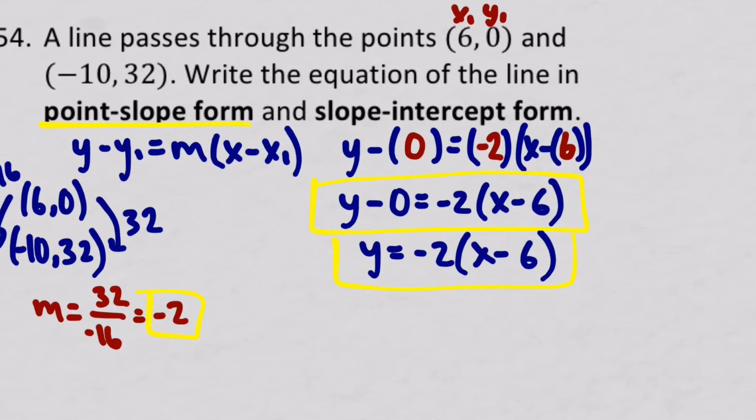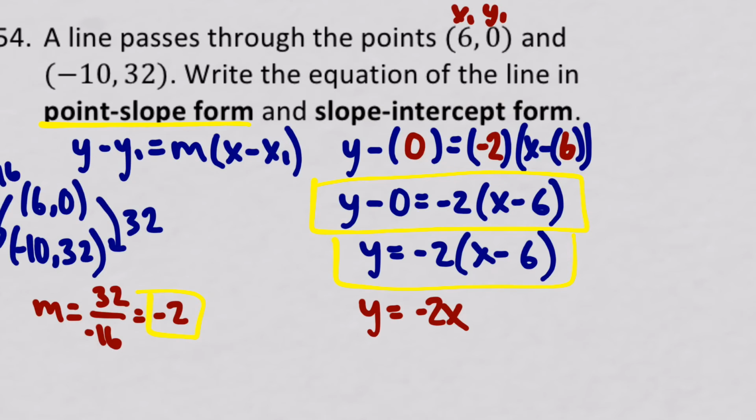Now the second part says to write it in slope-intercept form. Okay, since you already have it in point slope form, just keep going from there. Distribute, and you will turn it into slope-intercept form simply by distributing. So I'm going to distribute the negative 2 right there. So I'm going to get y equals negative 2x.